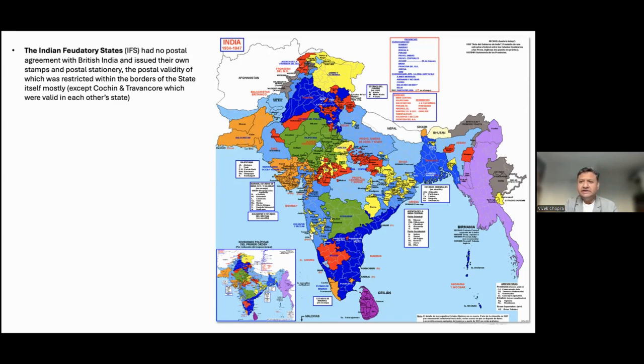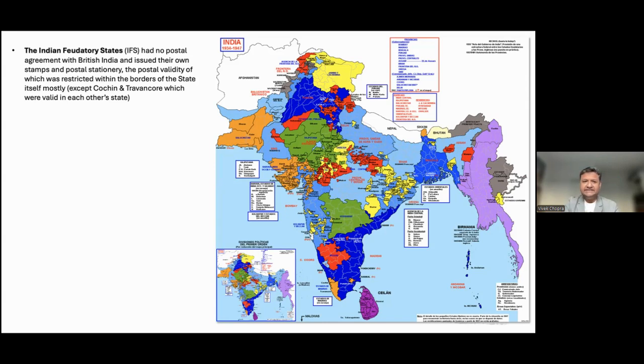One is known as the Indian feudatory states, and Jhalawar was a feudatory state, because it was ruled by feudal lords, princes or kings within those states. As mentioned here, Indian feudatory states had no postal agreement with British India. So they issued their own stamps as well as postal stationery in some cases, and the postal validity of which was restricted within the borders of the state. So it was mostly used for local mail.